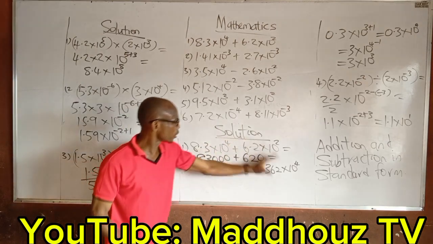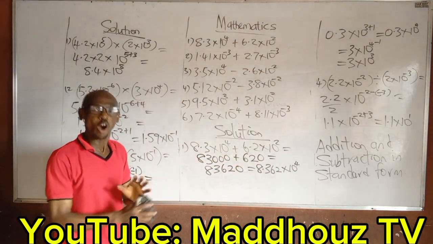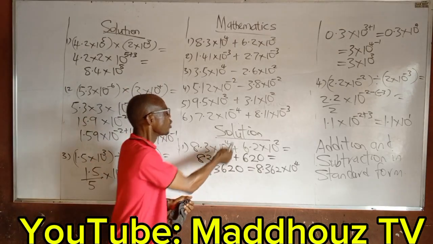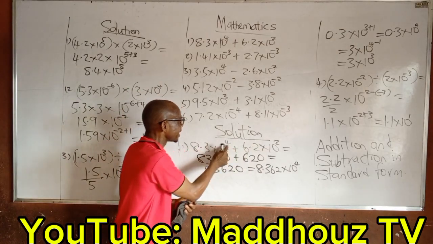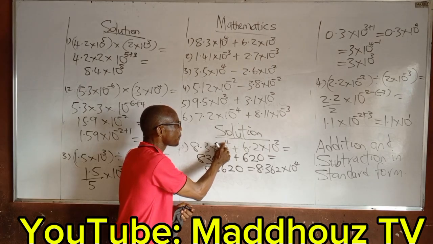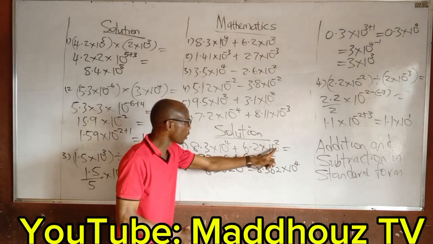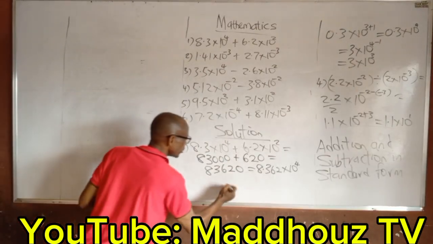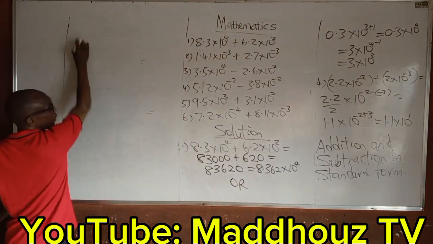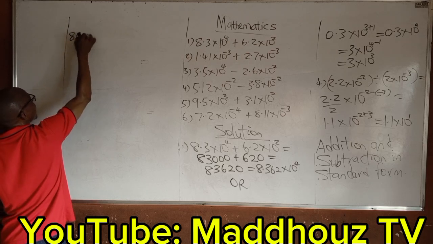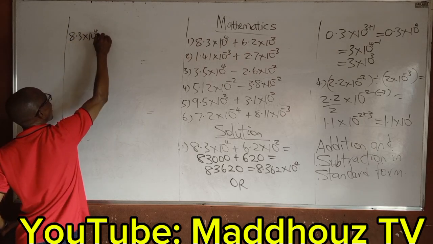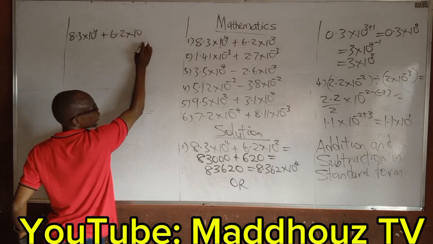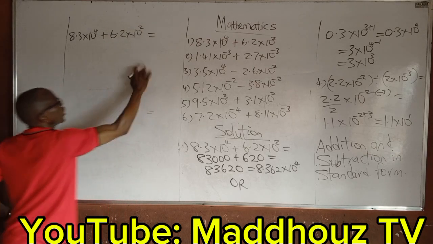But if we don't want to change the values into ordinary values, how do we go about it? We convert one of these. Either we reduce this to have a power of 2, or we increase this to have a power of 4. An alternative method: we have 8.3 times 10 raised to power 4 plus 6.2 times 10 raised to power 2.